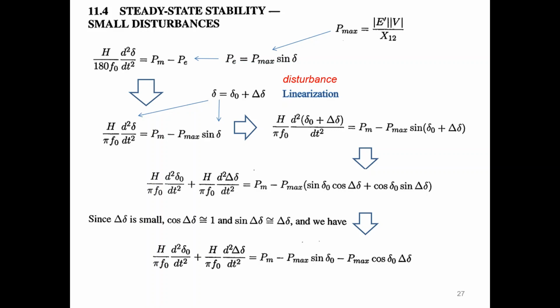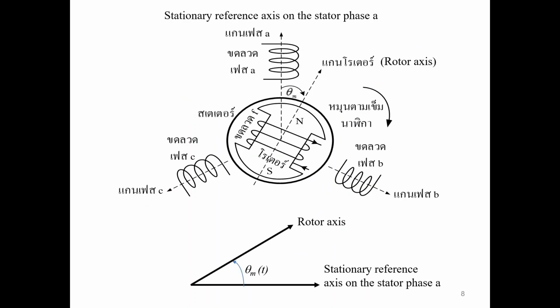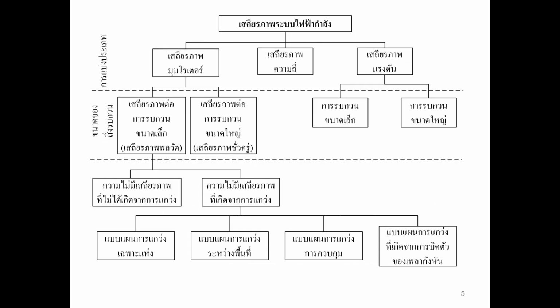If you still remember, we have just discussed this from this chart. In this chapter we are discussing just the rotor angle stability. We have two types of classification based on the scale of disturbance: the small disturbance and the large disturbance.